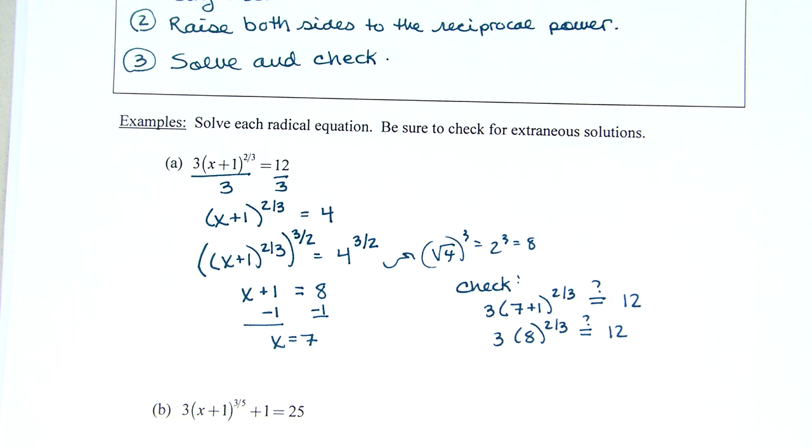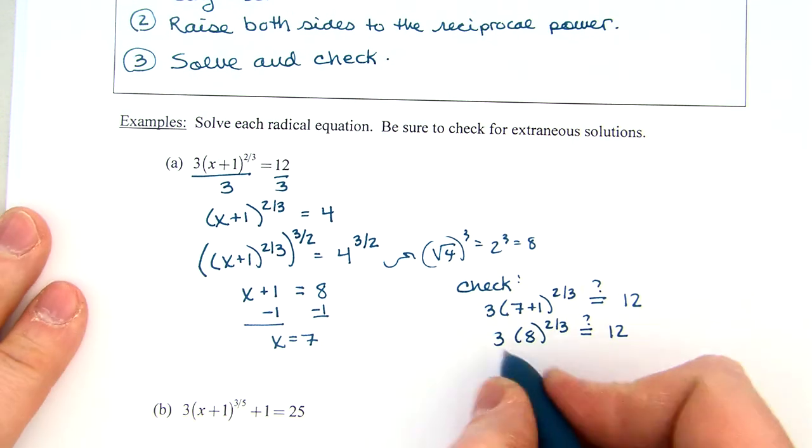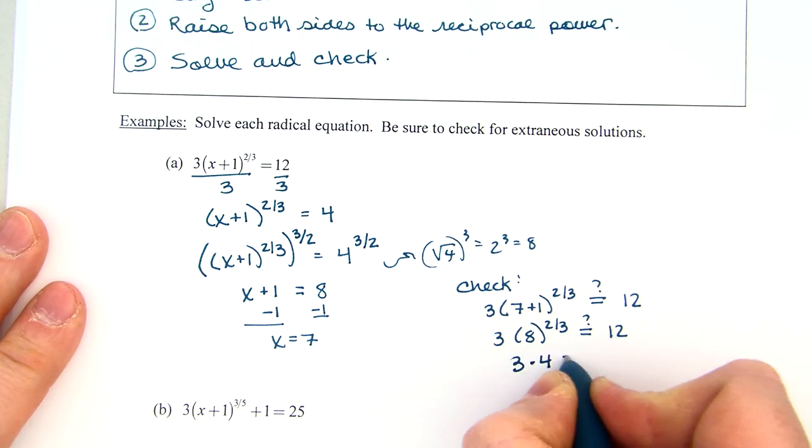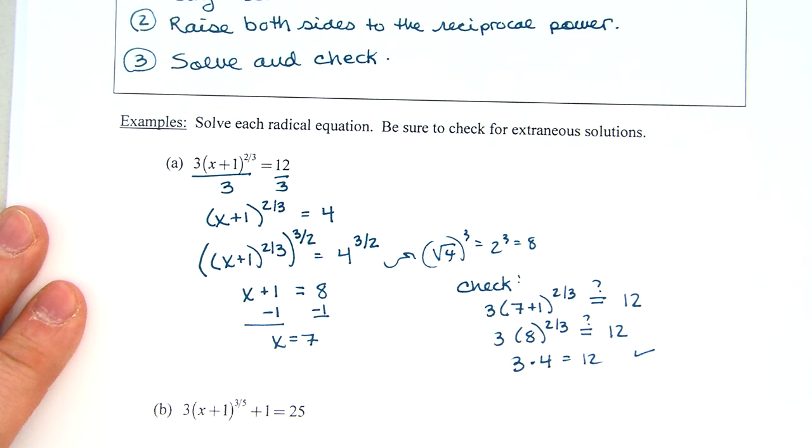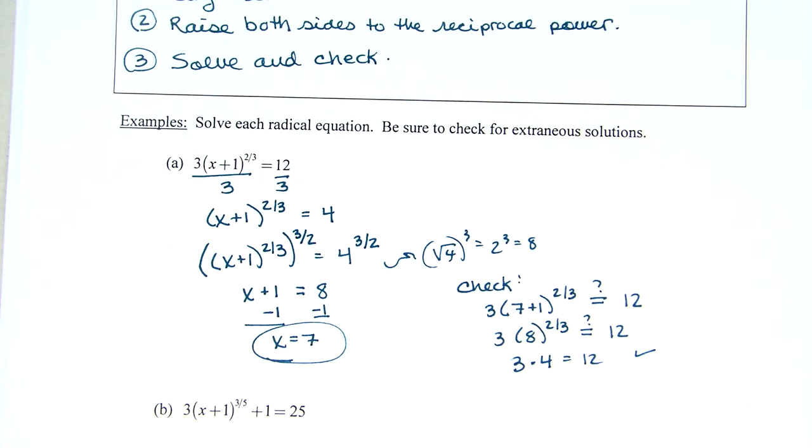What's 8 to the 2/3? 4? 16? 4, I'm thinking 4. Cube root of 8 is 2. Square 2, you're going to get 4. 3 times 4, does 3 times 4 equal 12? Sure it does. I was good. x equals 7 is the solution.